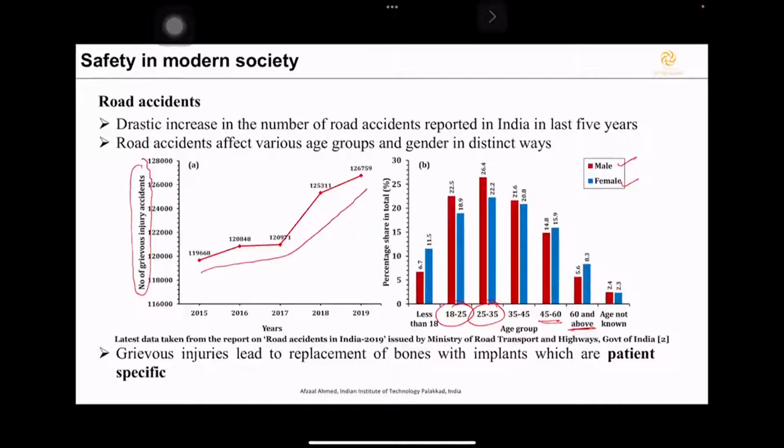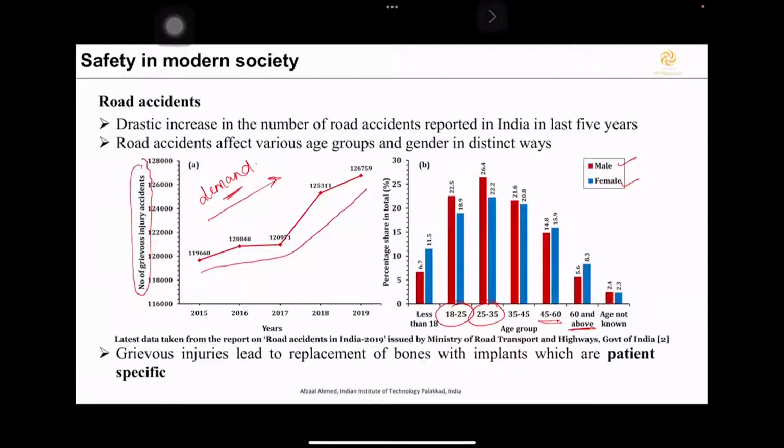So the crux of this slide is, first thing, the demand is increasing, which is not very pleasant to see, but still we have to cater to this demand because these people need attention. These are all traumatic accidents and they need attention. The demand is increasing, and it is not very linear.